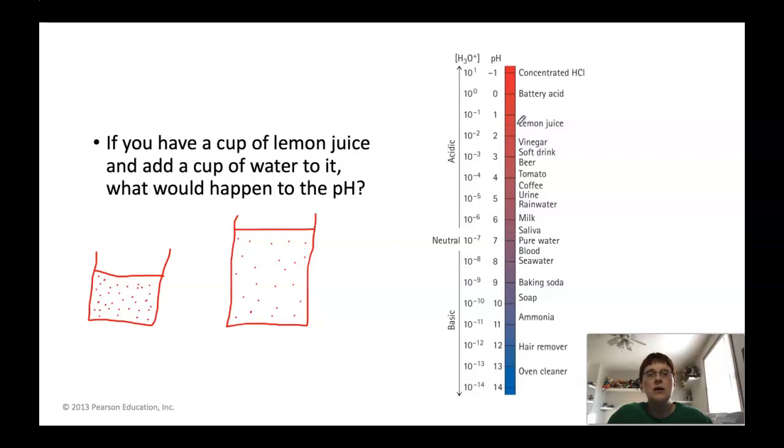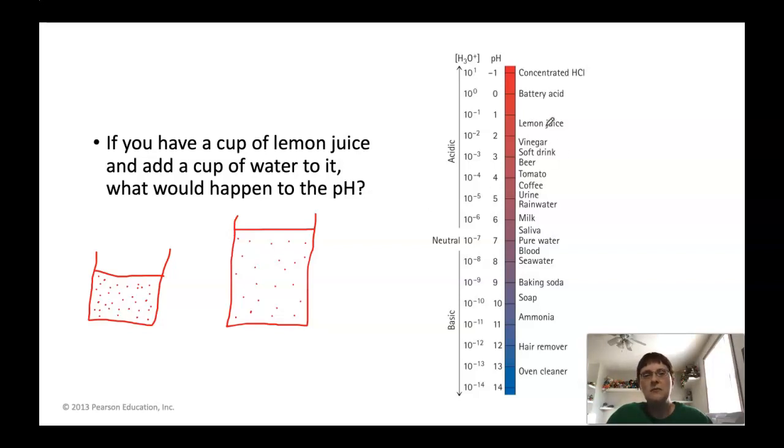And so if we add a cup of water to a cup of lemon juice, the pH is going to increase. It's going to move towards 7 because you're actually spreading out those hydrogen ions. You're decreasing the concentration of hydrogen ions.